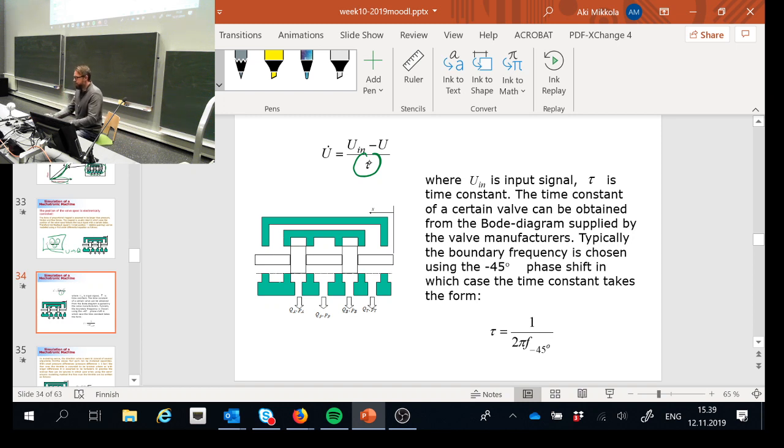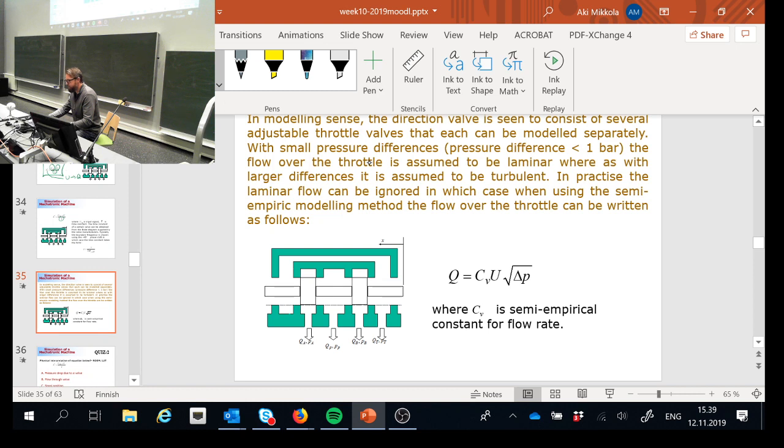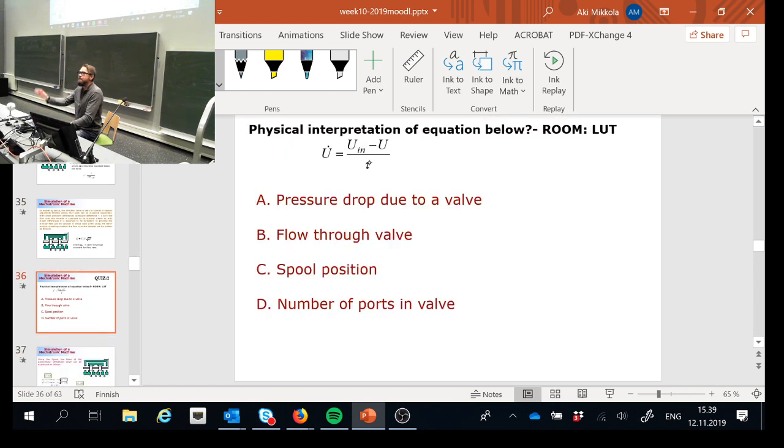But prior to that, just so that you understand that I'm serious about my in-class quizzes, this is what is coming. Look at that. Physical interpretation of equation below. Pressure drop due to the valve, flow through the valve, spool position, number of ports in valve. Physical interpretation of that equation.